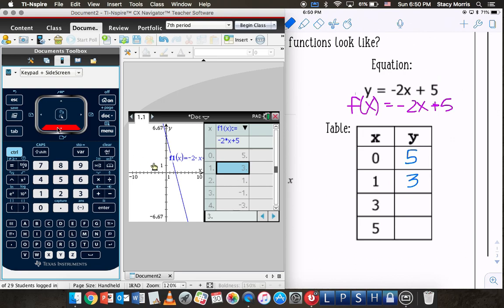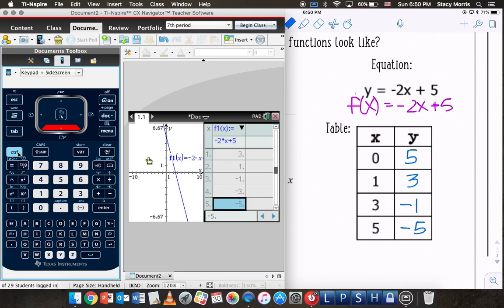When x is 3, so I'm going to go down 2, y is negative 1. And when x is 5, so not 4, but I'm going to go down till I get to 5 right here, y is negative 5. Okay.